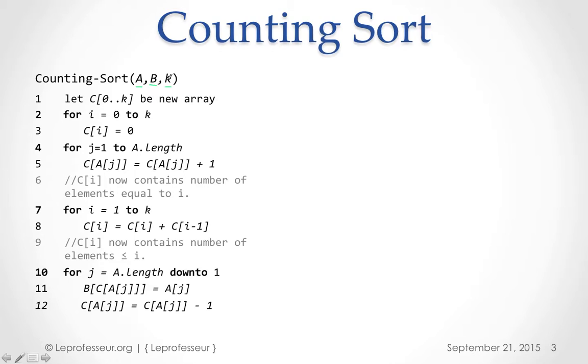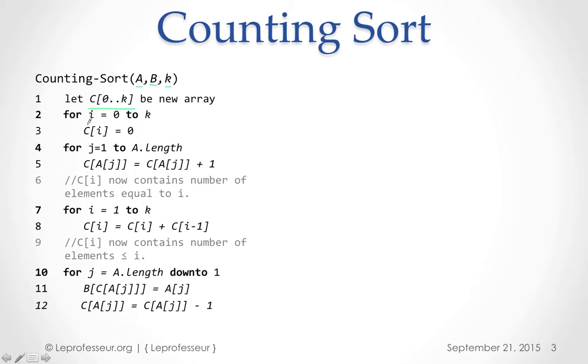All the elements in A would be less than K. Okay. Now let's say that we initialize another array C whose length or size is equal to k for our temporary storage to determine how many elements are less than or equal to k in our input array A.